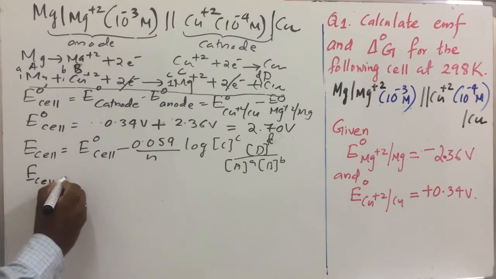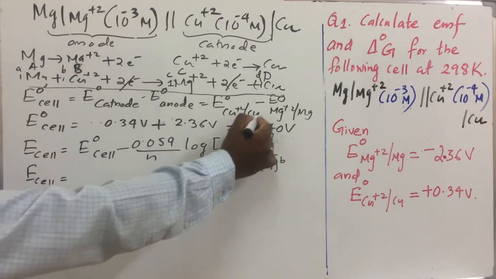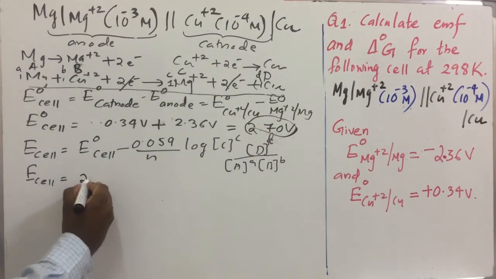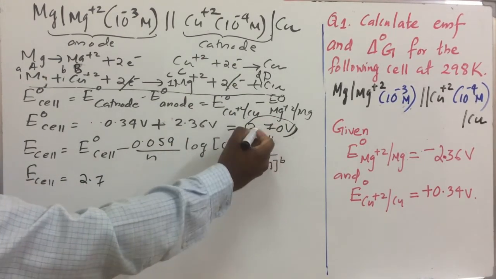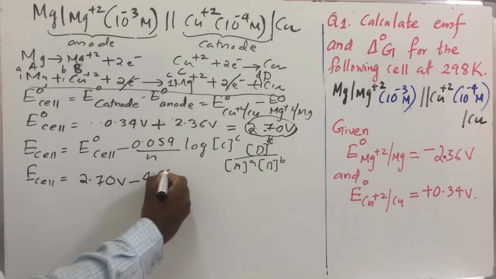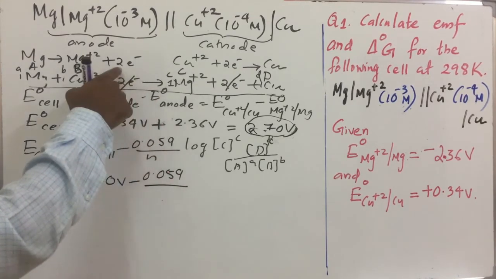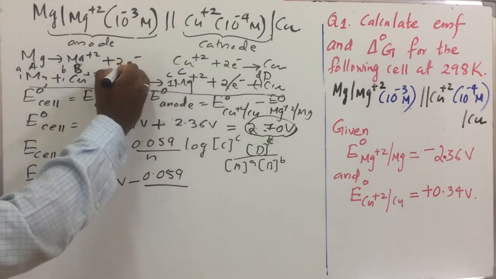Now we can apply all the values here. E cell equals E0 cell, which we already calculated as 2.70 volt, minus 0.059 by n. What is n? The number of electrons involved in oxidation and reduction: 2.